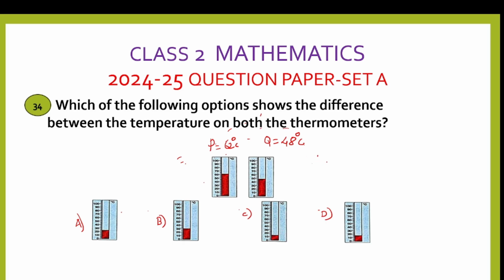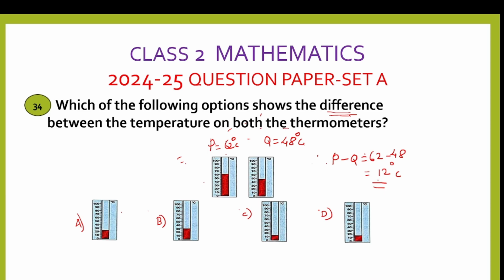Now their subtraction. P minus Q, because the question asks for the difference. So we have to take the subtraction, that is 62 minus 48. That is 12 degrees Celsius. Sorry, not 12.